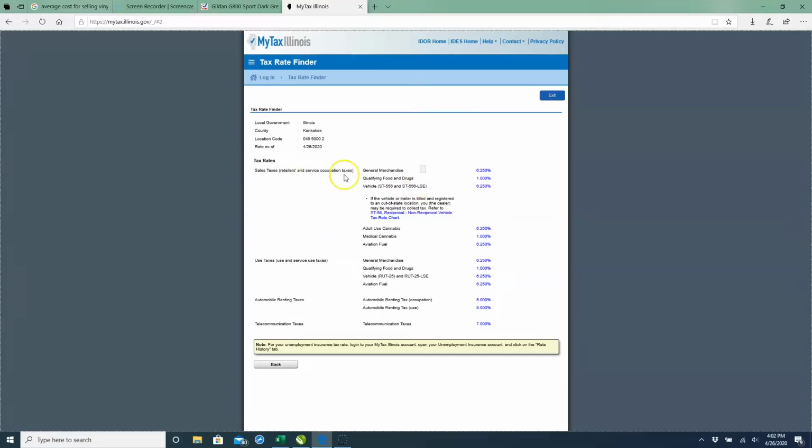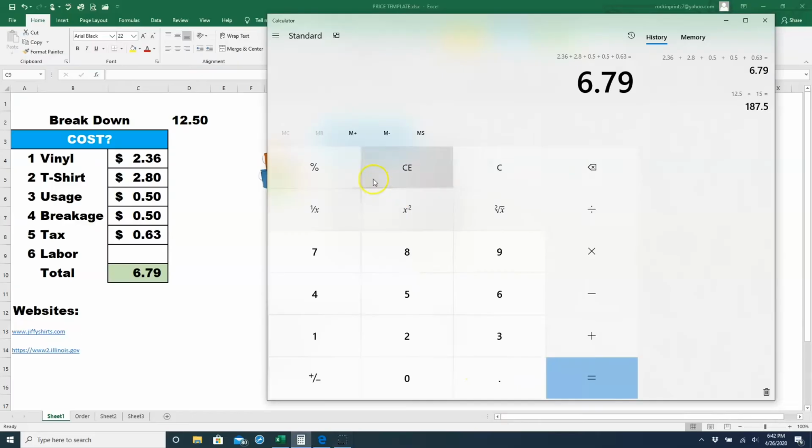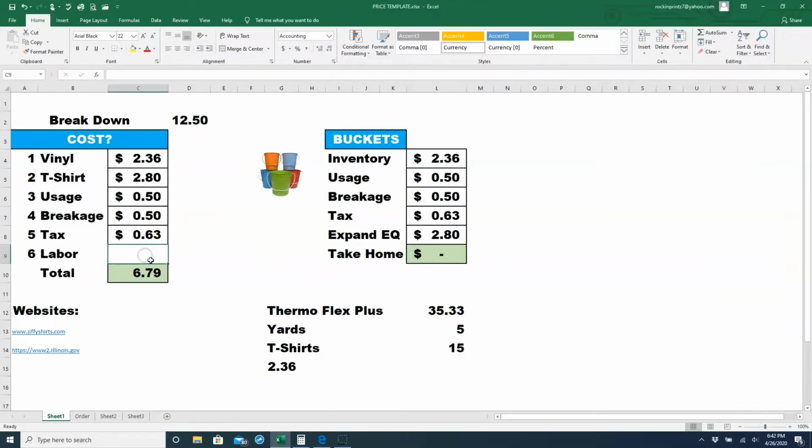For our tax here, for general merchandise is 6.250. So now I'm going to take, we'll just do minus 12.5, so my labor is going to come out to $5.71.